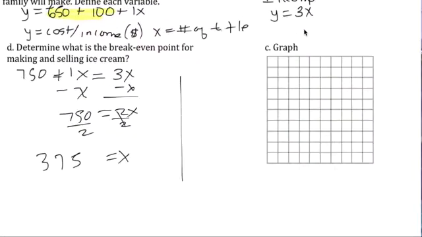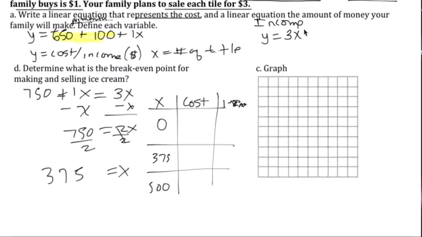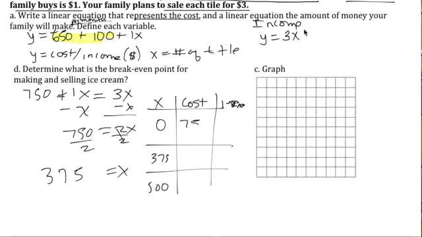So to graph, you just make a table, right? X is the number of tiles, 0, and the cost, and then the income for it. And then 375, say 500. The cost for 0 tile is 750.